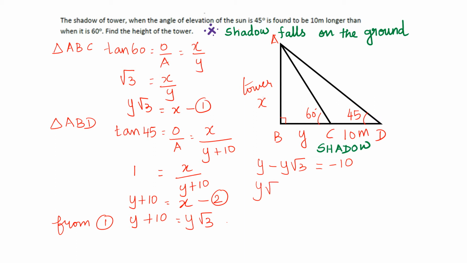Y root 3 minus y equal to 10. Take y out, y into root 3 minus 1 equal to 10. Y equal to 10 by root 3 minus 1.